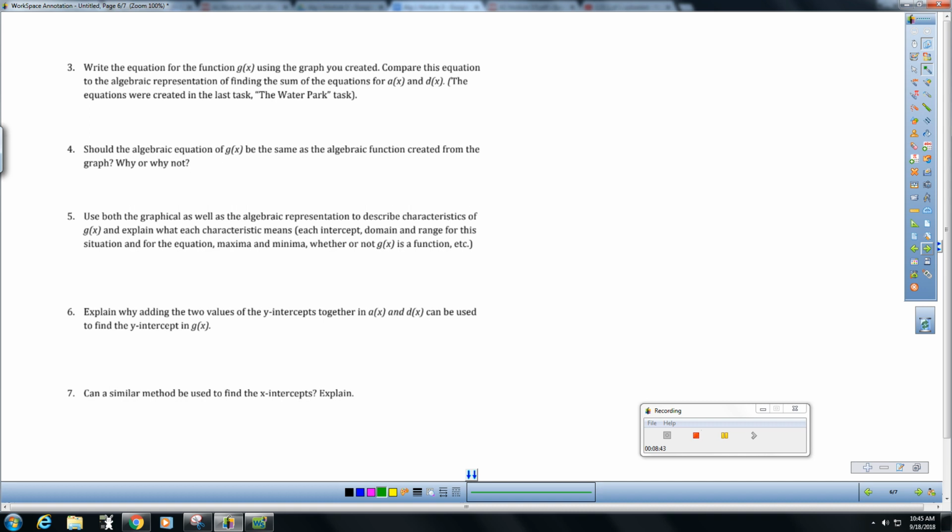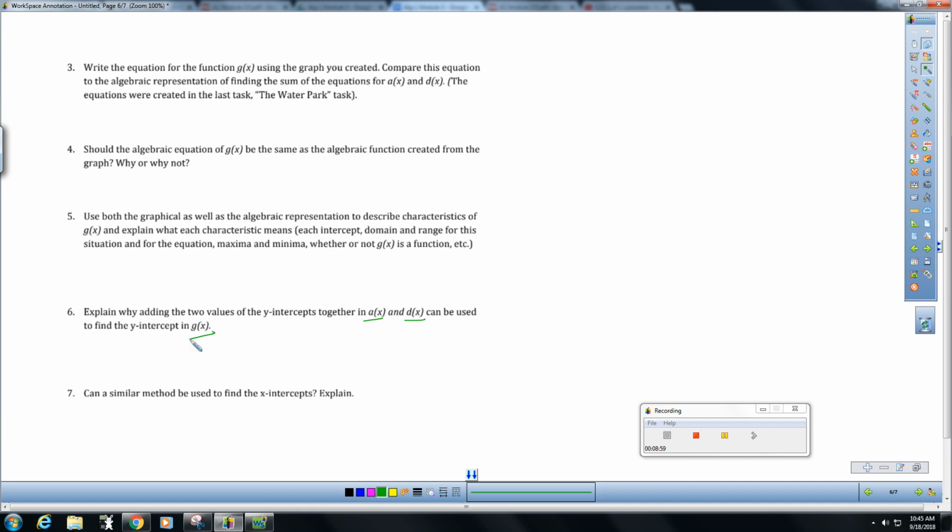Explain why adding the two values of the y-intercepts together can be used to find the y-intercept. I think the original water in pool A plus the original water in pool D will equal the original water in the sum of those two pools.